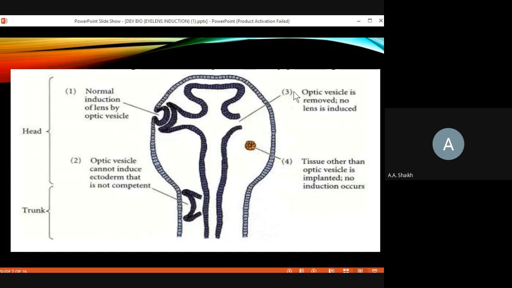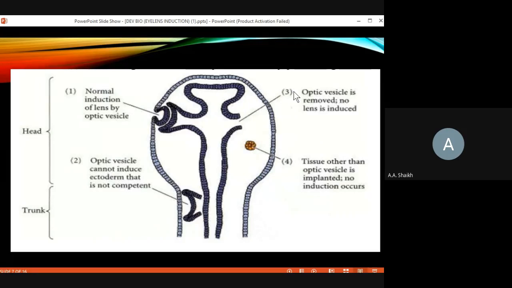The optic vesicle acts as an inducer in carrying out all the processes related to lens induction. It is the initiator, the beginning point from which lens induction starts.